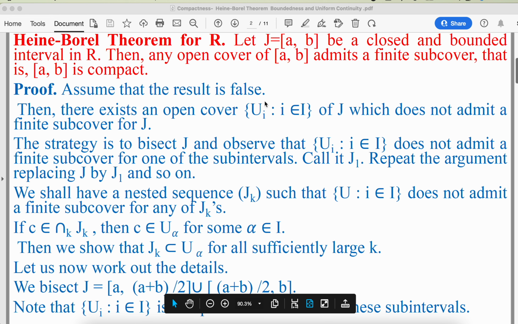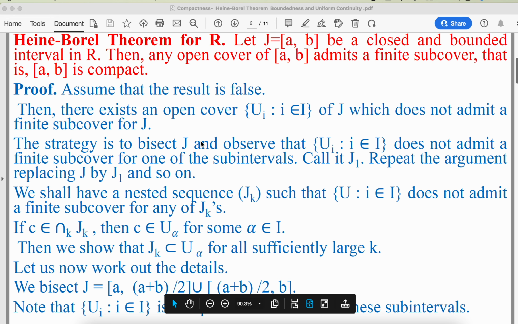So in the proof of this theorem, we bisect this interval [a, b], which we have denoted by J, and we observe that the open cover U_i, where i belongs to I, does not admit a finite subcover for one of the sub-intervals.